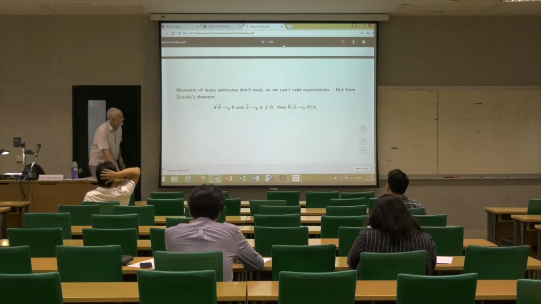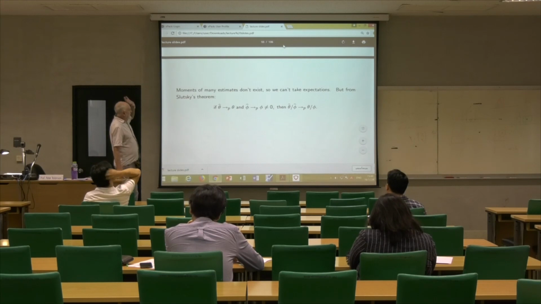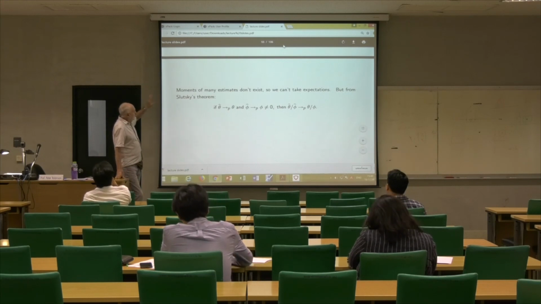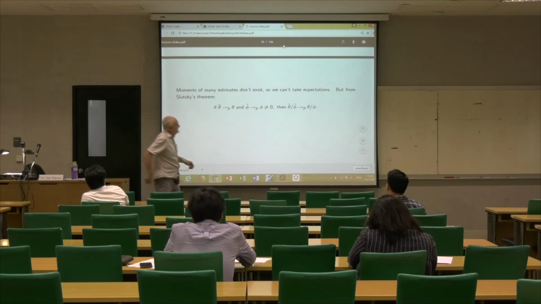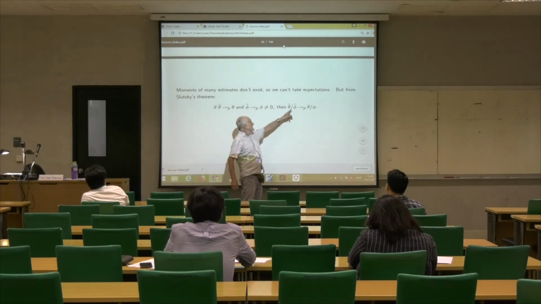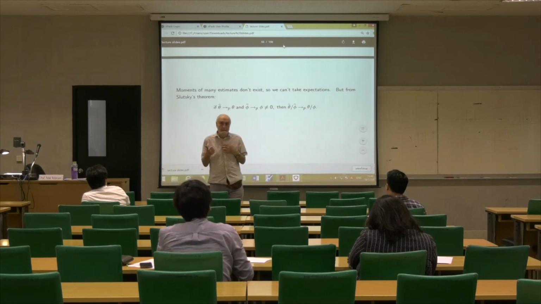Oh yes, now this is important though. As I said before, we can't always take expectations. But from Slutsky's theorem, we're interested in a ratio statistic, and this is relevant here clearly because the Nadaraya-Watson estimate is a ratio, all right?